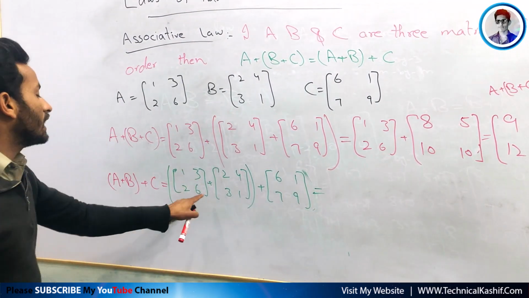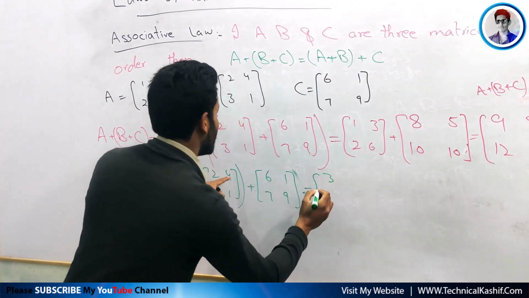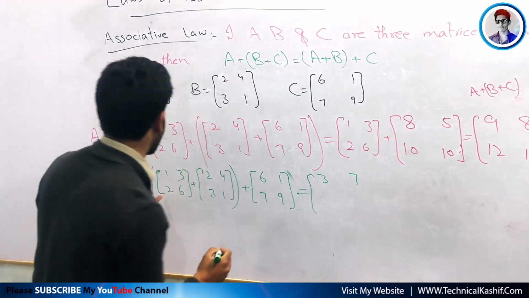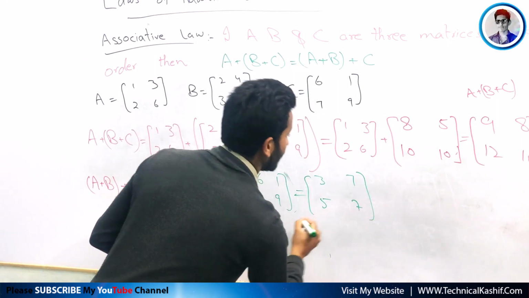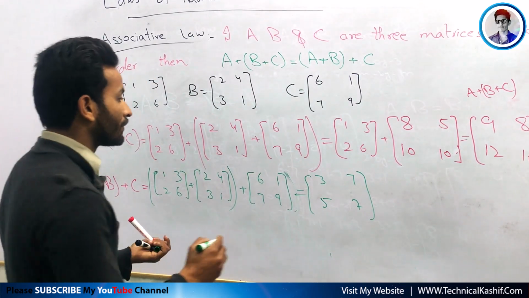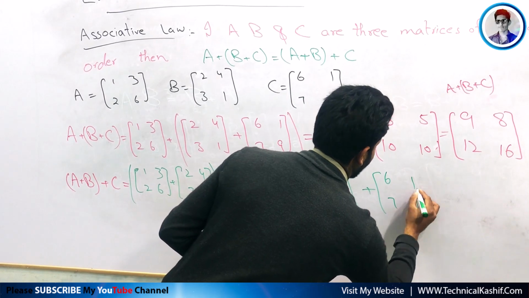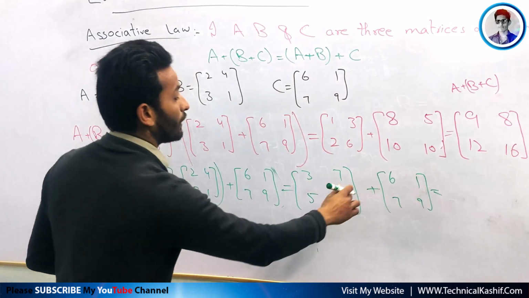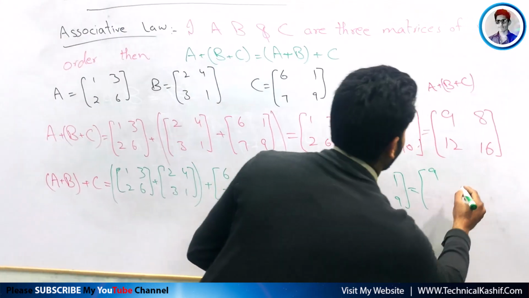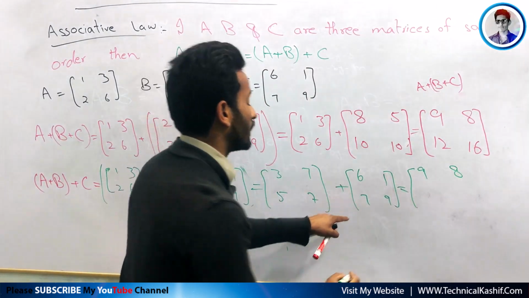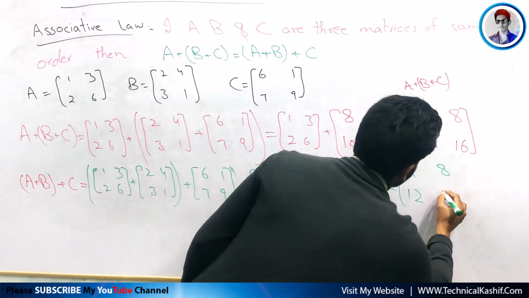By adding first A and B, 1 plus 2 is 3, 3 plus 4 is 7, 2 plus 3 is 5, and 6 plus 1 is 7. Then adding it to [6, 1; 7, 9]: 3 plus 6 is 9, 1 plus 7 is 8, 5 plus 7 is 12, and 7 plus 9 is 16.